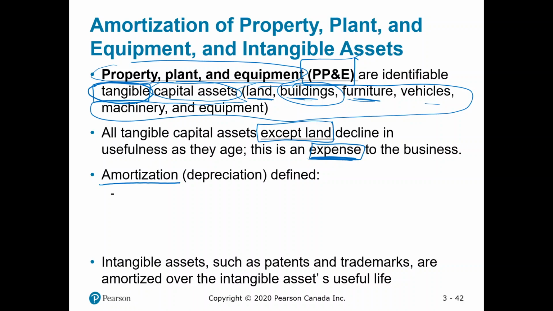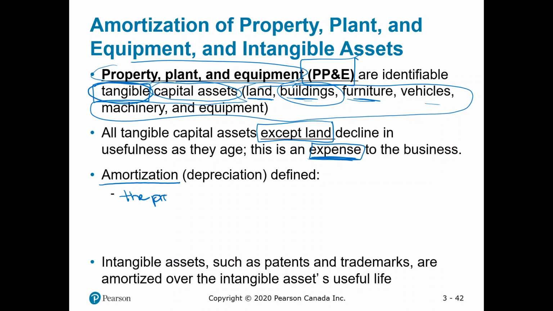So we're amortizing these capital assets. And the definition of amortization is the process of allocating the cost of PP&E less its residual value to an expense account over its estimated useful life. So we'll put that here.